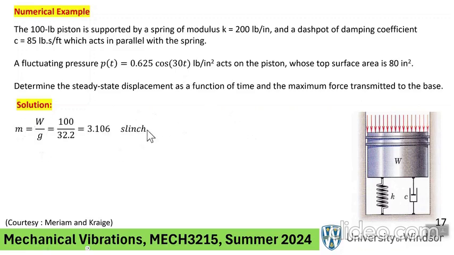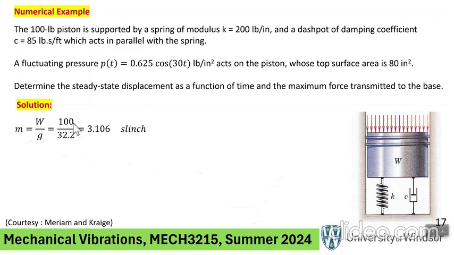First of all, the mass of the block we need. So the weight divided by G. Remember, the G, if units are consistent, is... okay, so the mass is going to be weight of it divided by G. G is 32.2.